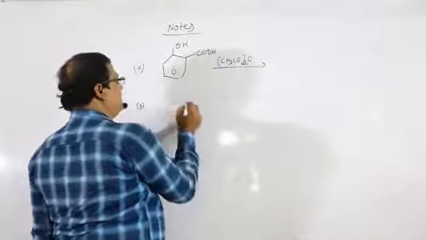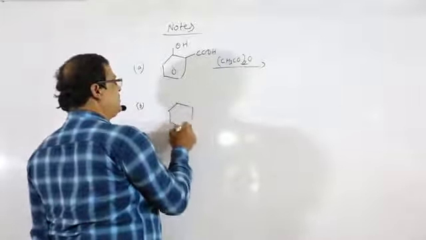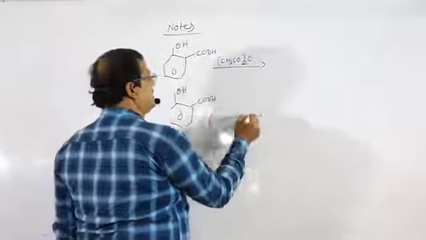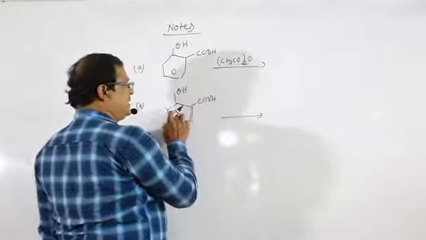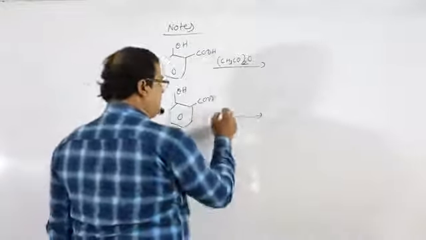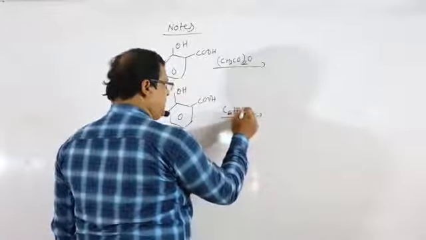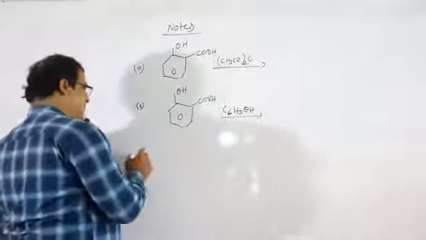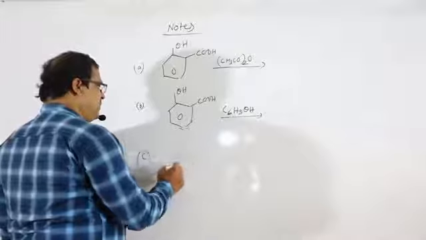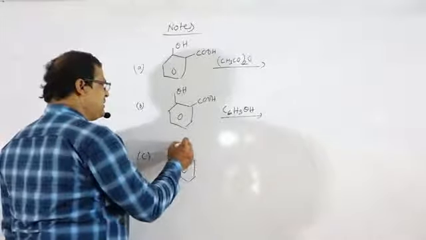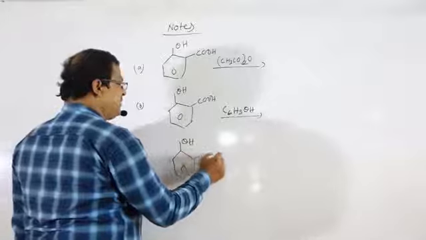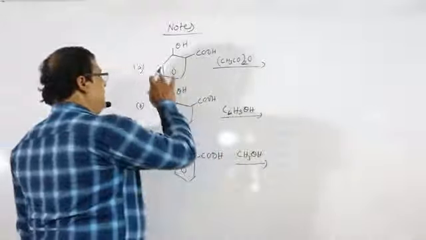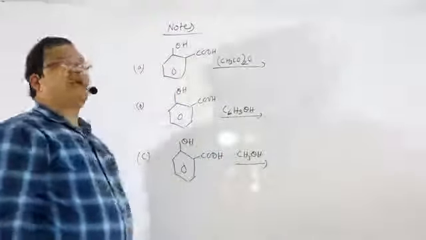Next, salicylic acid is treated with phenol, C6H5OH, what will happen? And next, it is treated with methyl alcohol. These are the three important reactions of orthohydroxybenzoic acid.